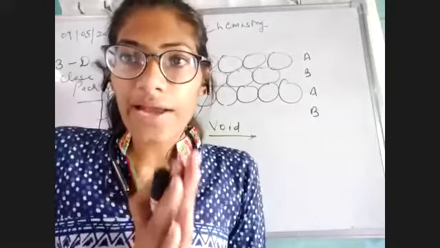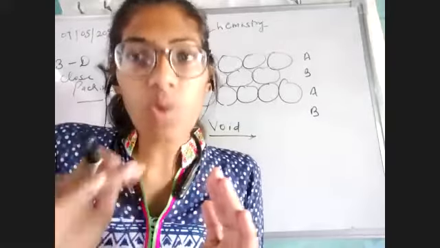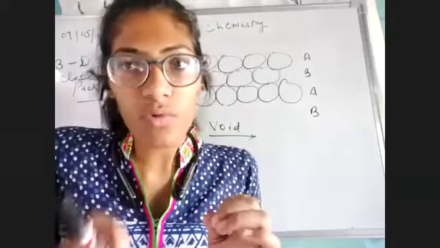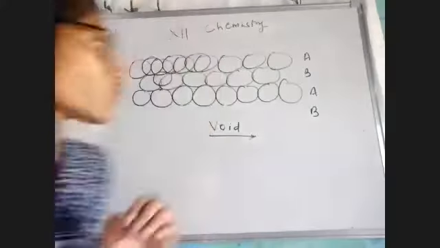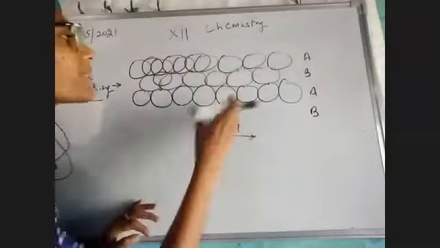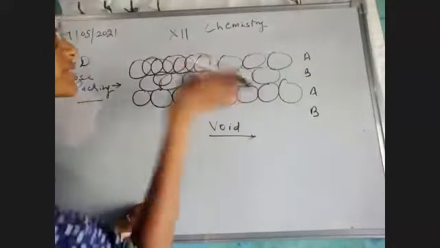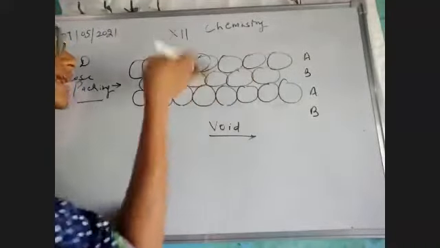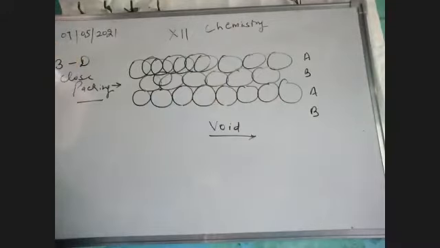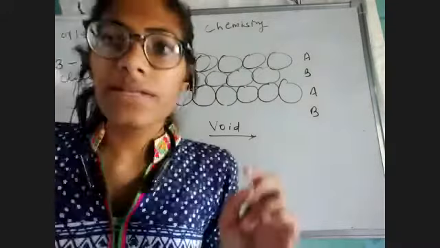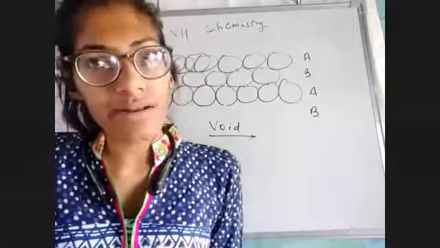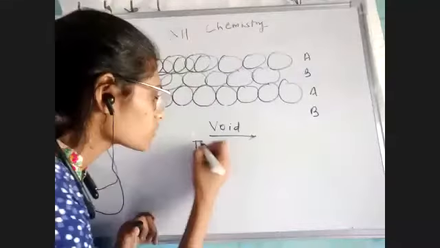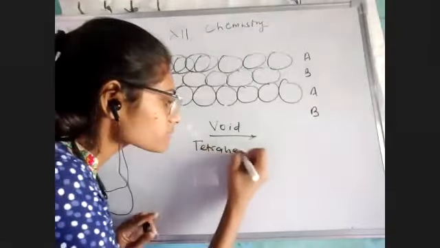There is a kind of space which is not occupied by any kind of atom. Okay, so this is AB, and I am just trying to put this AB again over it. Whenever I do, there would be formation of tetrahedral void. First one known as tetrahedral void.